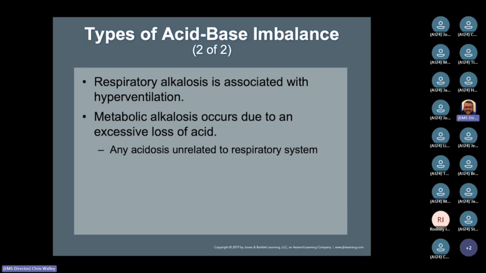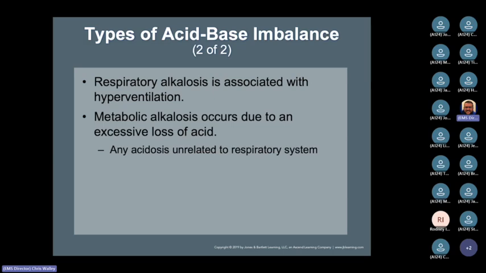And then what does that look like? So our signs and symptoms, we talk about some vasodilation, CNS depression, headaches, warm flushed skin, nausea and vomiting, and cardiac dysrhythmias.